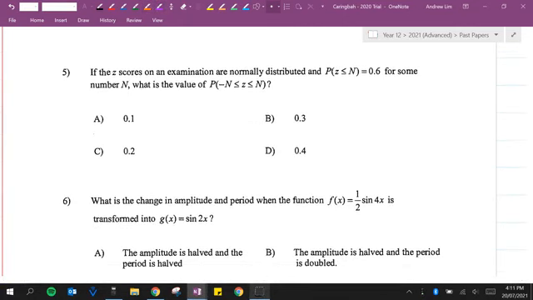Question 5. If the z-scores on an examination are normally distributed and the probability of the z-score being less than or equal to n is equal to 0.6 for some number n, what is the value of the probability from negative n to n? So because it's normally distributed, the first thing I'm going to do is draw my bell curve.